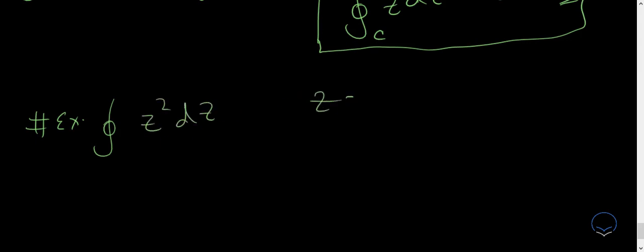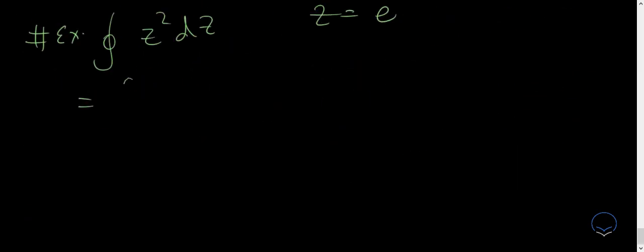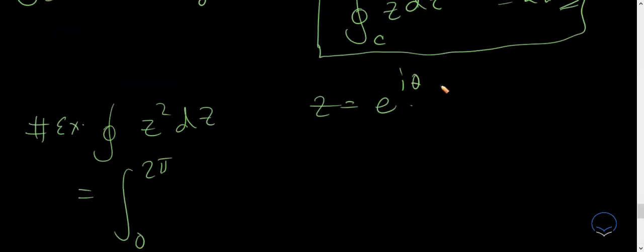So again recall that z is just e to the power i theta. So similarly, just like the problem over here, you will have to write 0 to 2 pi. Again, this is a circle. Remember, I can also take a semicircle and the result will change in that case, and I'll show that in a bit. So let me just say theta varies from 0 to 2 pi.